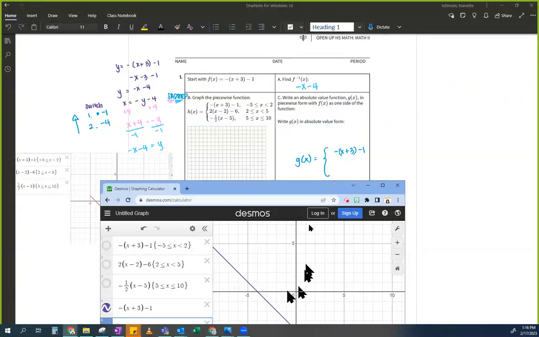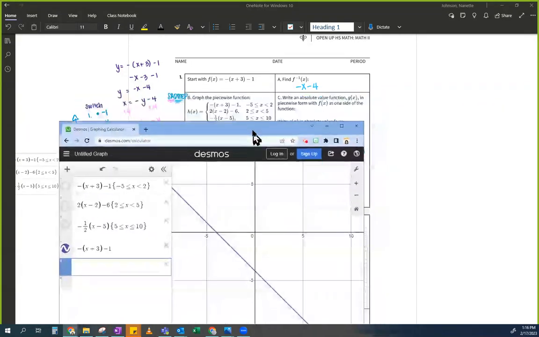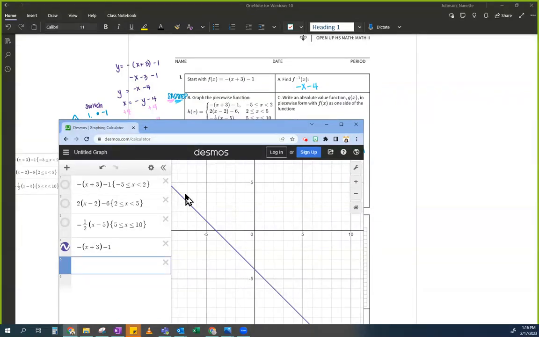Whenever they say absolute value function, you guys did a great job of this. You said, oh, this is going to be a V shape. Do you see how this is part of the V? Does everybody see how this is part of the V? Yes, everybody sees how this is part of the V. I need the other side of the V.